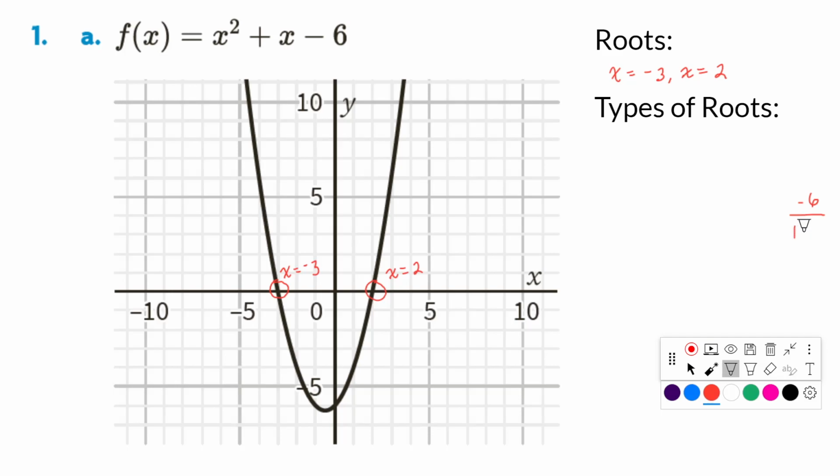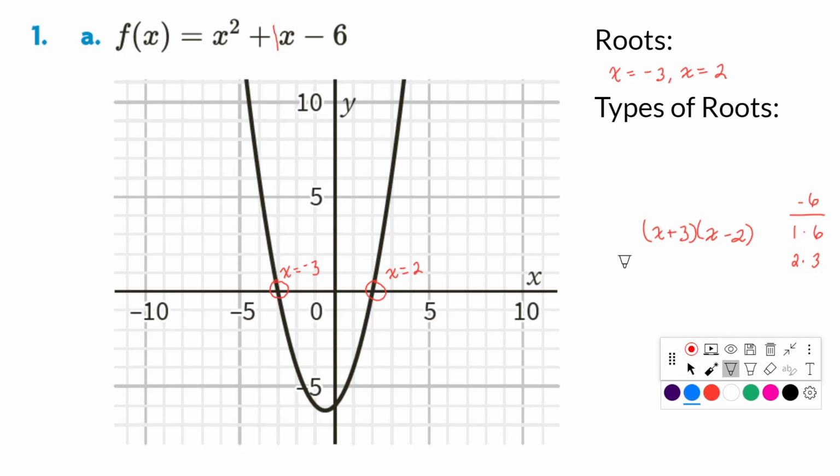That could be 1 times 6, one of them being positive, one being negative, or 2 times 3. I need a positive 1 for that middle term. The way that will work is if I have (x + 3)(x - 2), because a positive 3 minus 2 will give me that positive 1. So this is my factored form.